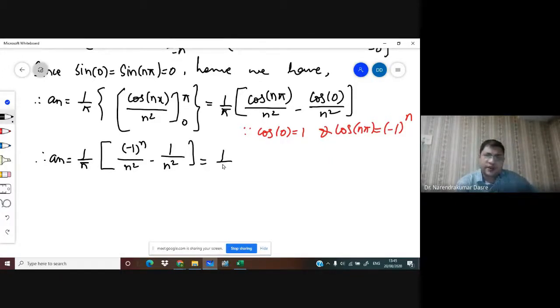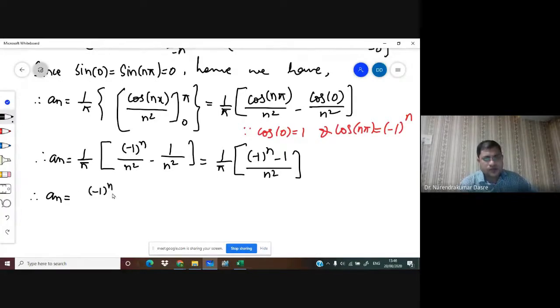So this we can write as 1 upon pi, minus 1 raised to n minus 1 upon n square. So we get an is equal to minus 1 raised to n minus 1 upon n square pi. Okay.